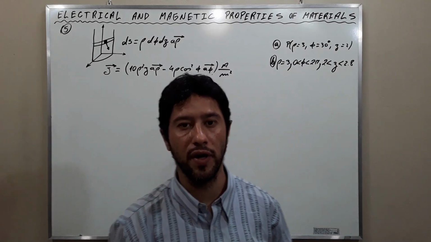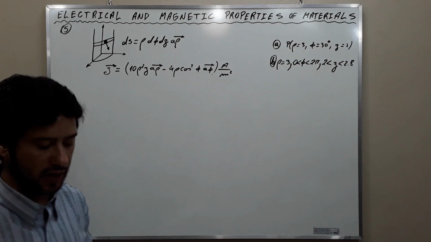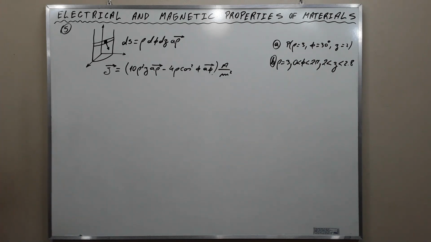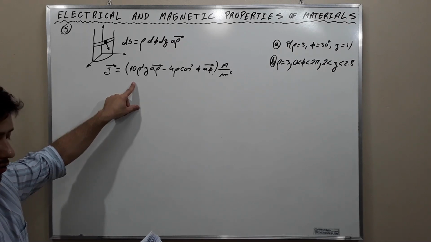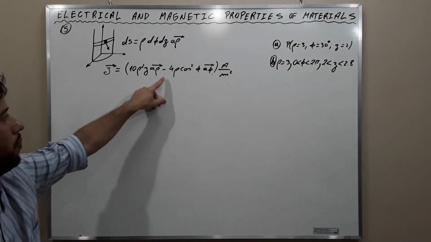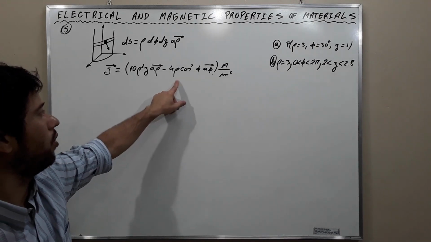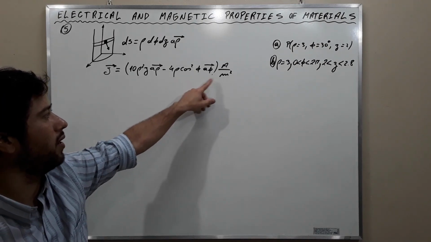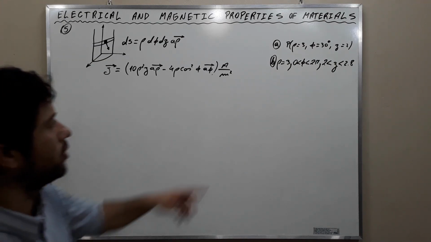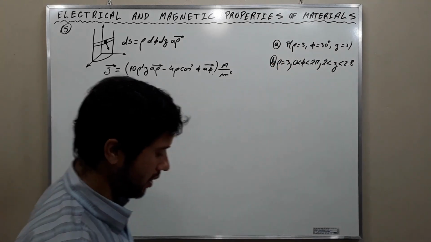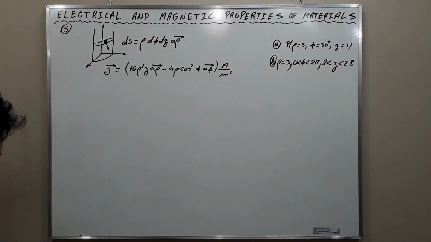Current and current density. Exercise number 6. Given the vector current density J = 10 rho squared z a rho minus 4 rho cosine squared phi a phi amperes per square meter. Letter A, find the current density at the point P. And letter B, determine the total current flowing outwards through the circular band.